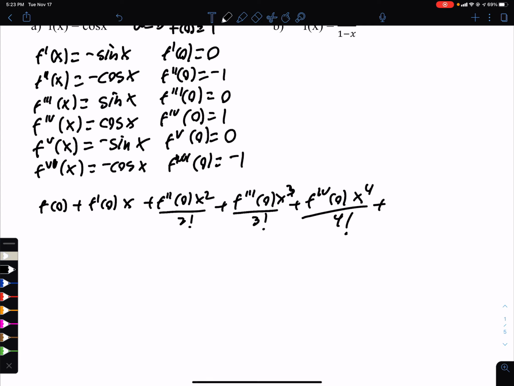I'll go all the way to 6. The fifth derivative is 0, x to the fifth over 5 factorial, and then the sixth derivative at 0, x to the 6 over 6 factorial.